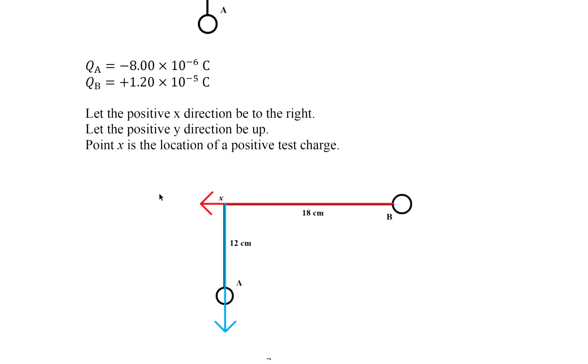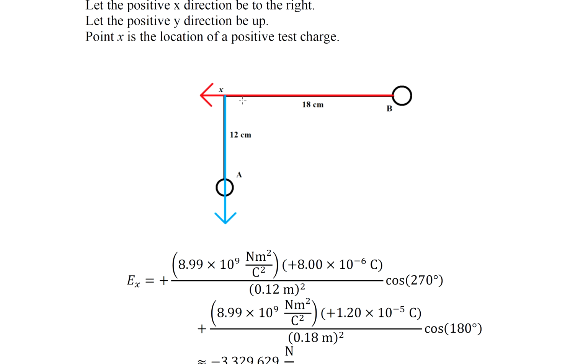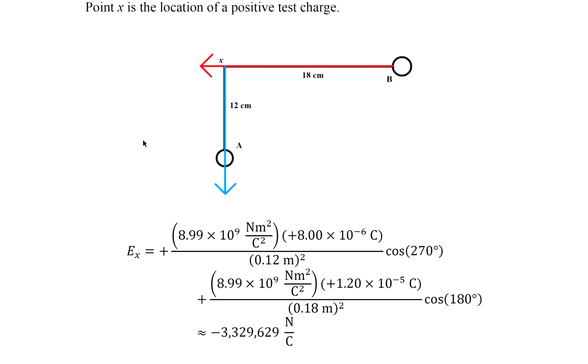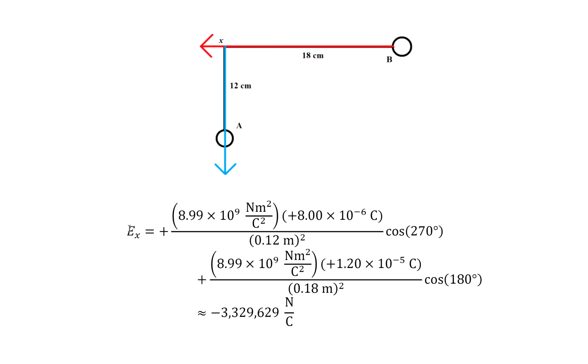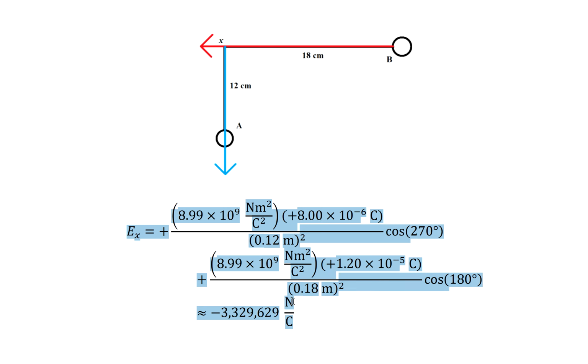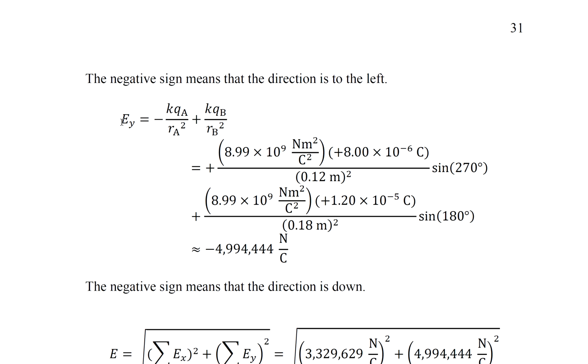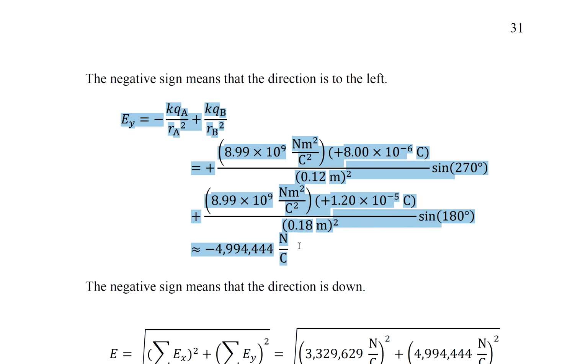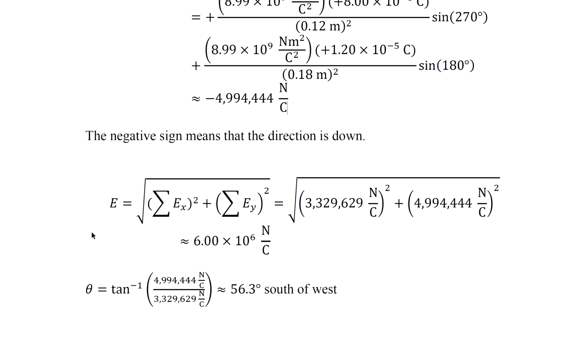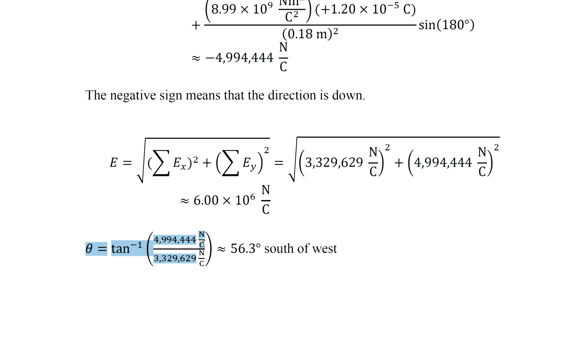So it's going to look something like this diagram here. So here's E sub x. Here is E sub y. Here is E. And here is theta.